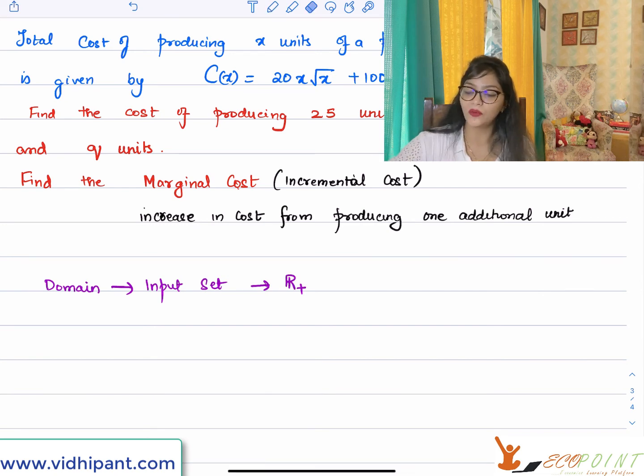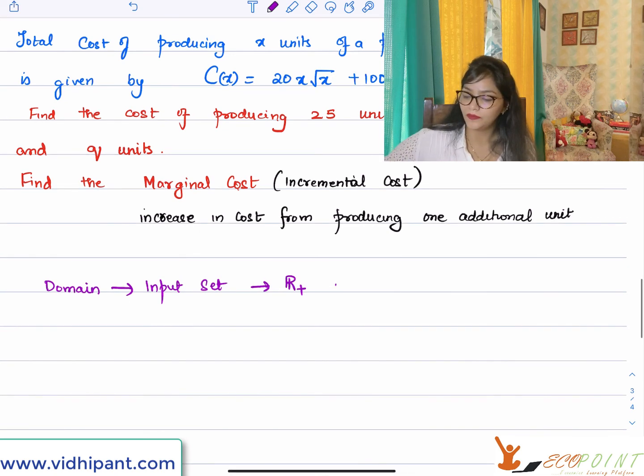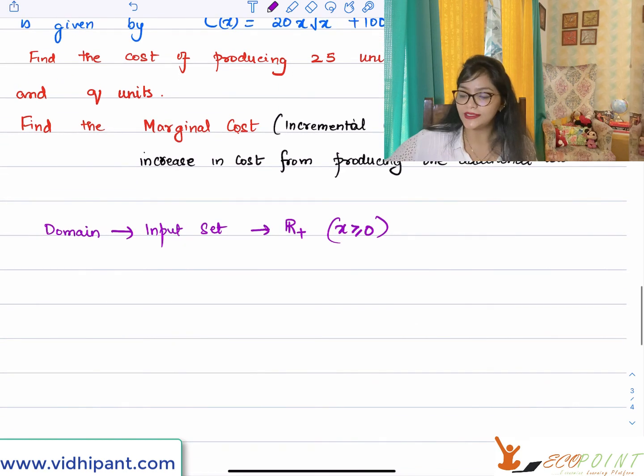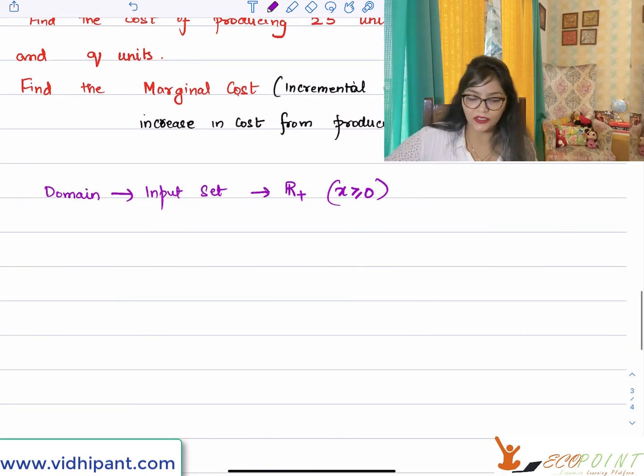That means we are only taking x greater than or equal to 0 because I have square root of x here. So this is very obvious that I cannot take negative. Otherwise also I'm producing x units, I will not produce negative. So my assumption will be that I'm producing either 0 or more than 0 number of units. So x is greater than or equal to 0, and this is a valid function.